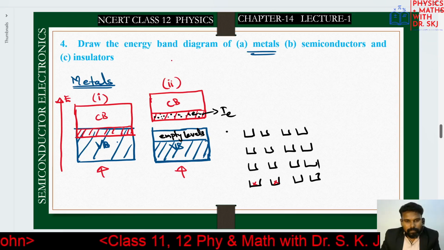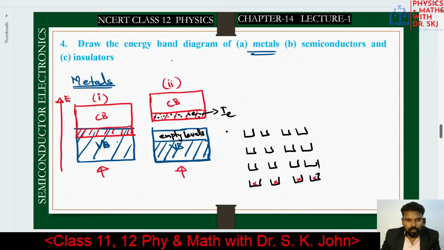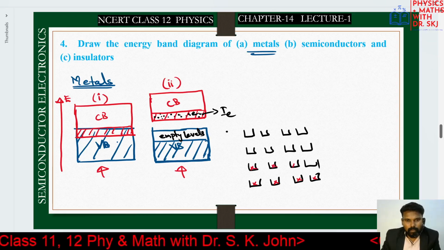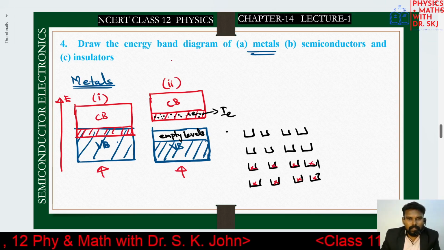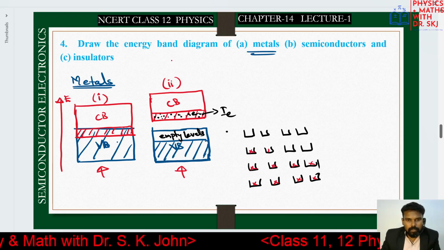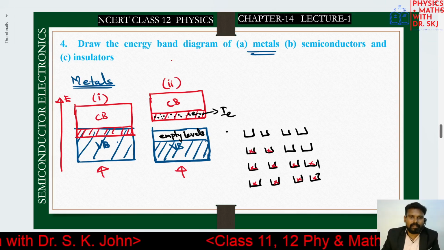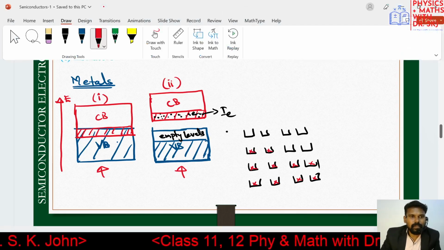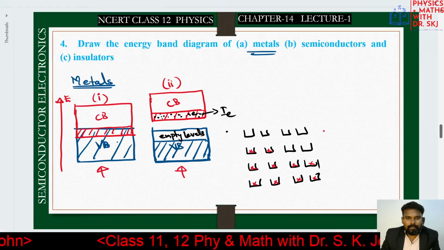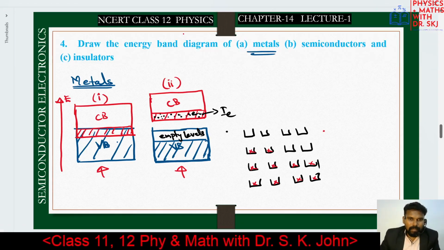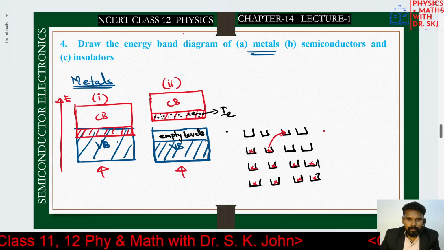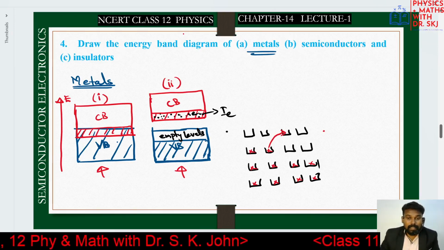This is occupied, this is occupied, this is occupied, and this also is occupied, and some other seats are vacant. So a man in the seat can go to this seat, since there is vacancy.